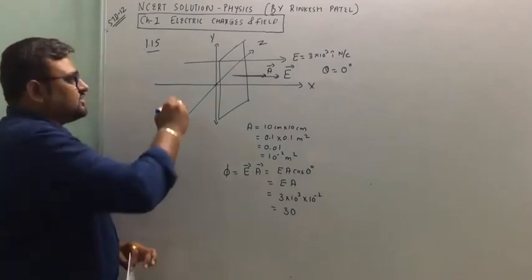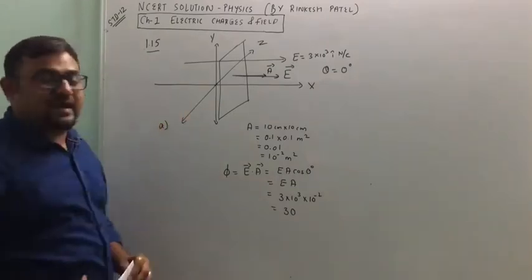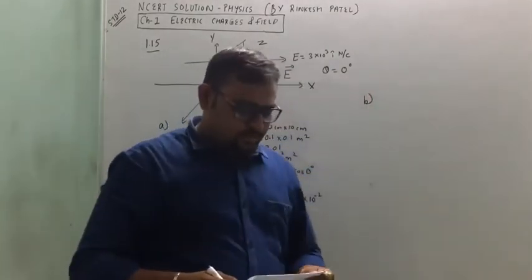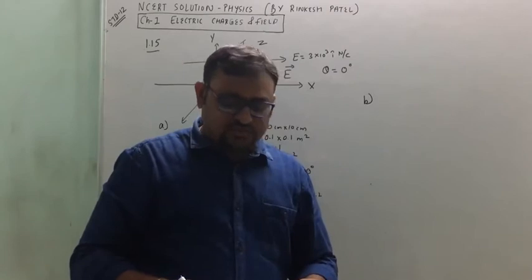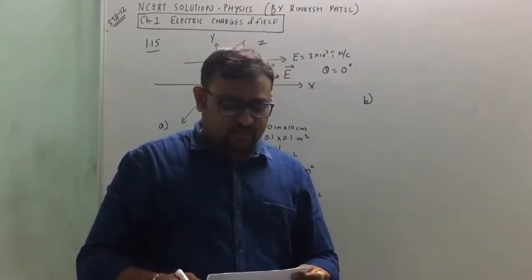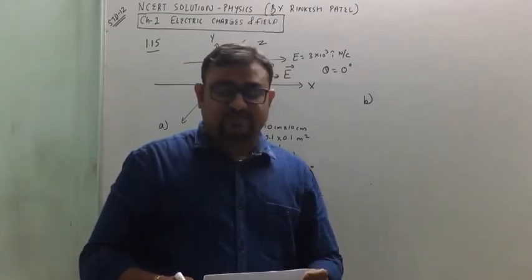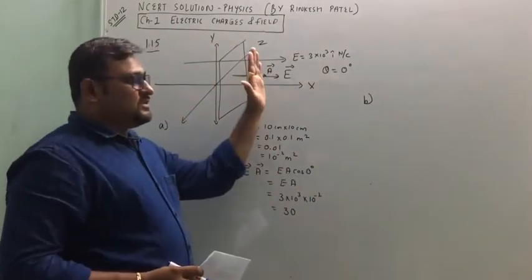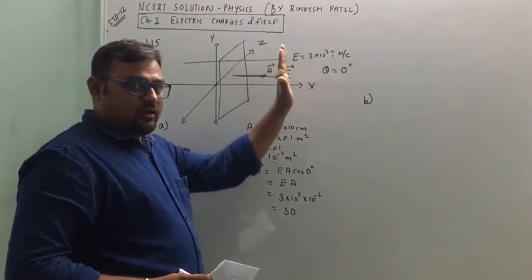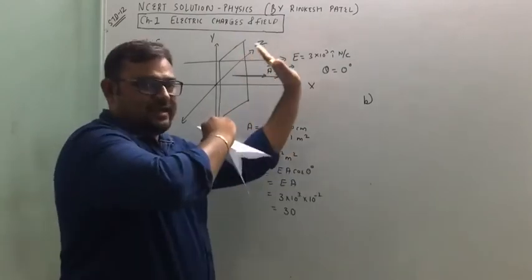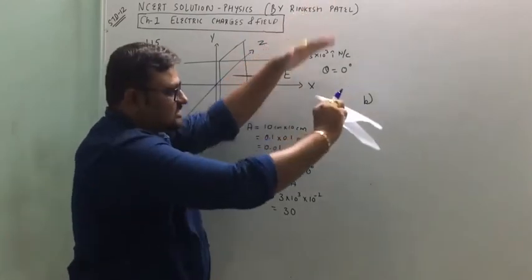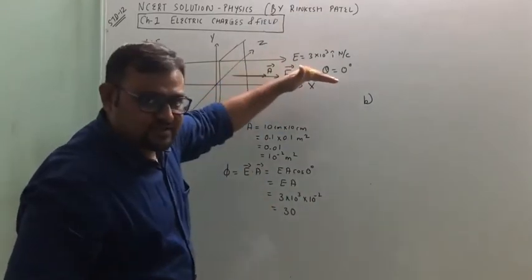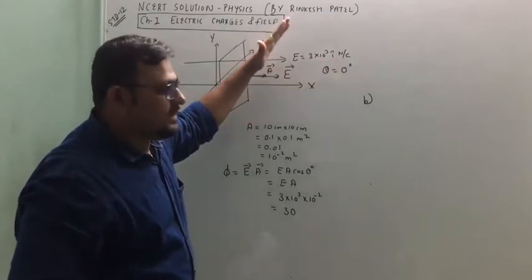Now there are two questions. This is part A. In the same question there is part B. Part B asks what is the flux through the same square if its normal to the plane makes 60 degree with the x-axis. It means now the plane is not parallel to YZ; it is such that the angle it makes with the x-axis is 60 degree. The electric field is in the direction of the x-axis and the normal to the plane makes an angle of 60.